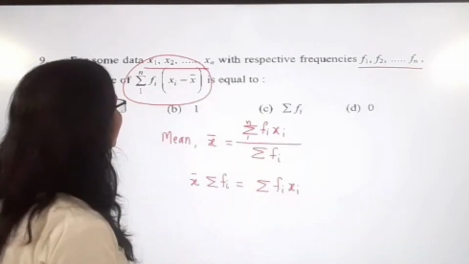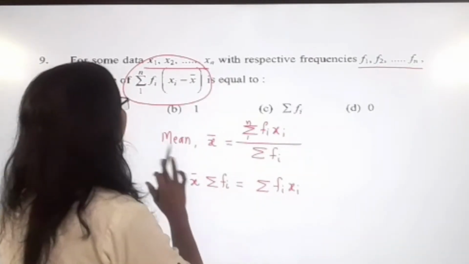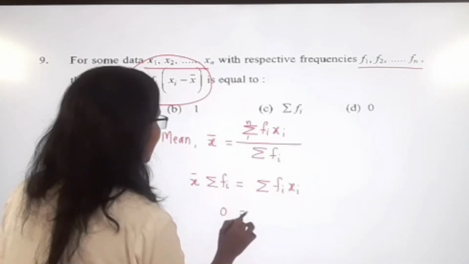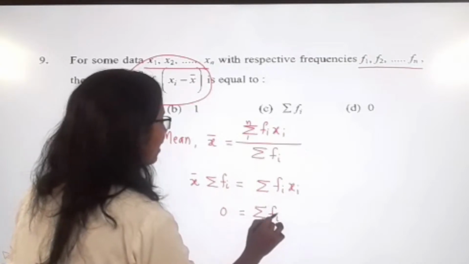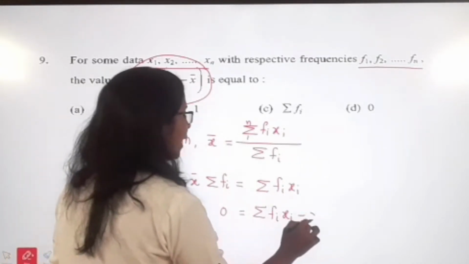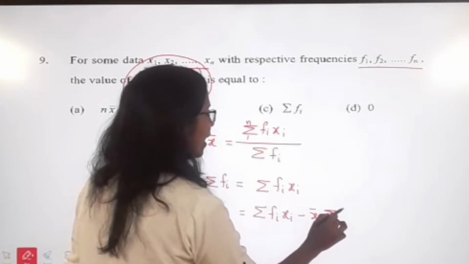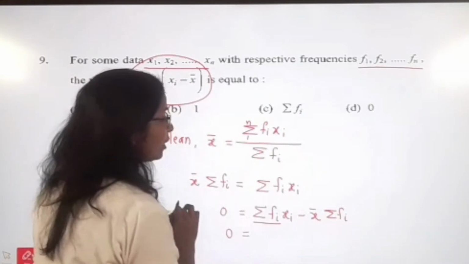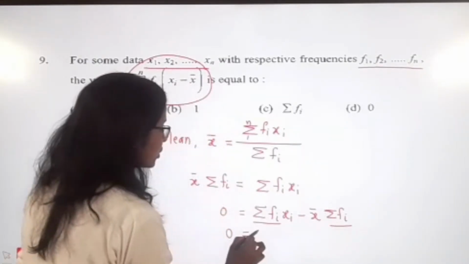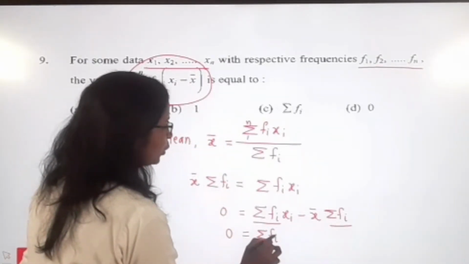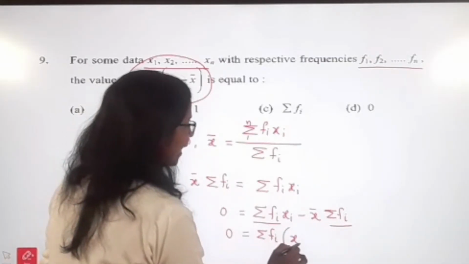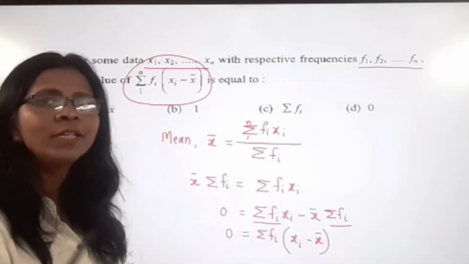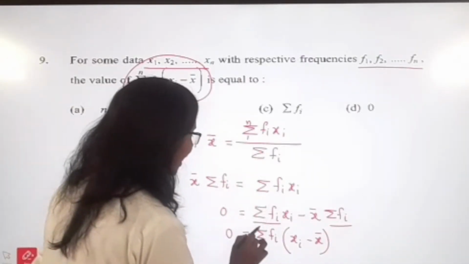Then students, I get 0 is equal to summation fi xi minus x bar summation fi. Now here students, see that summation fi is common in both the terms, so in the bracket xi minus x bar, and the condition is applied for i equal to 1 to n.